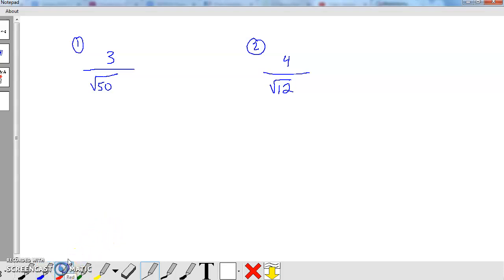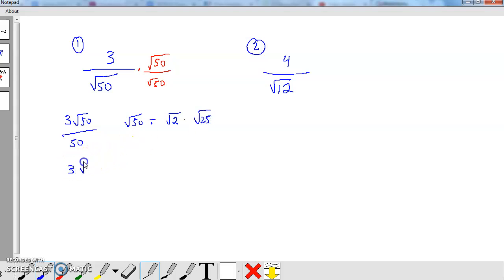So go ahead, pause the video, try these two problems on your own for rationalizing the denominator. All right, coming back. We can solve these problems 2 different ways, and ultimately we're going to get the same answer. What happens if you just multiply root 50 by root 50? You're going to get 3 root 50 over 50, and the 3 and the 50 don't cancel out. But I do know that radical 50 is really radical 2 times radical 25.